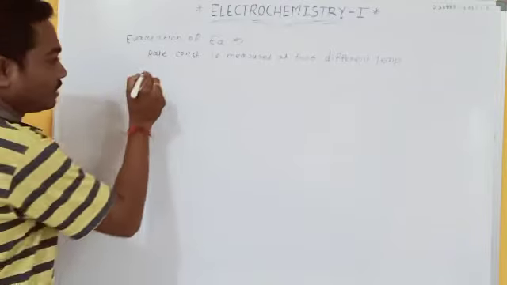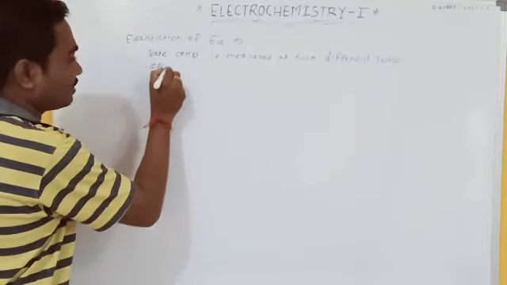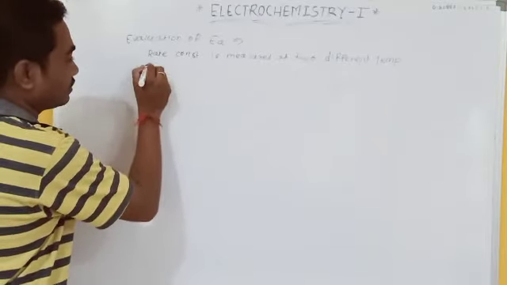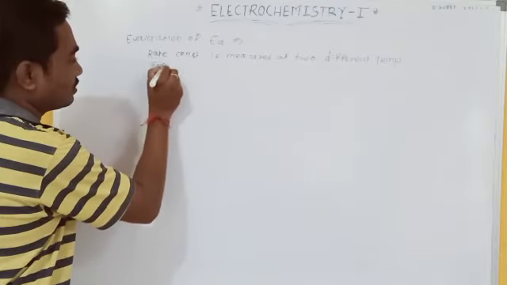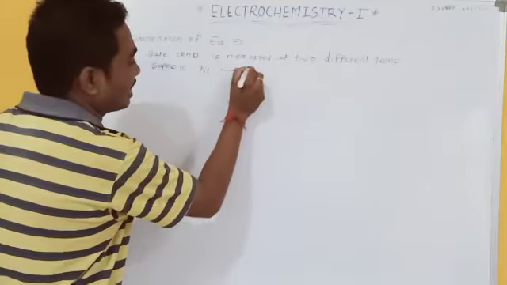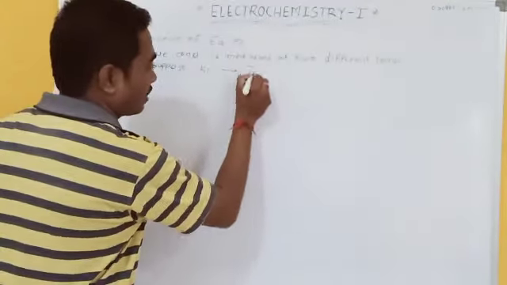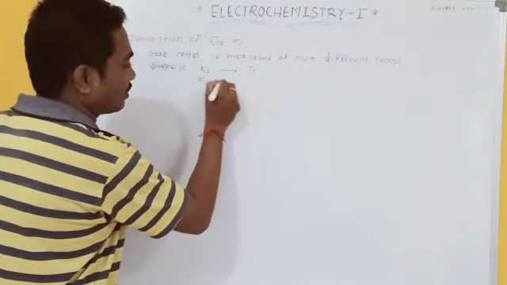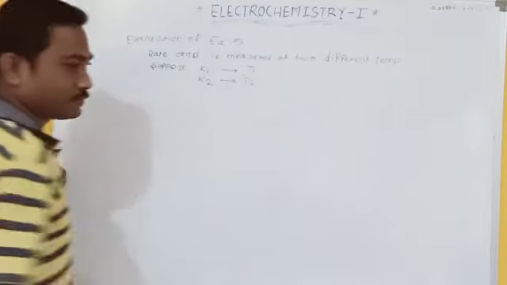Let K1 be the rate constant at temperature T1 and K2 be the rate constant at temperature T2.